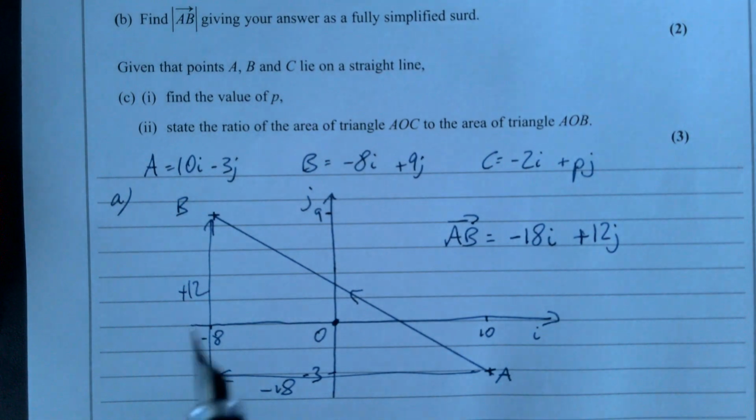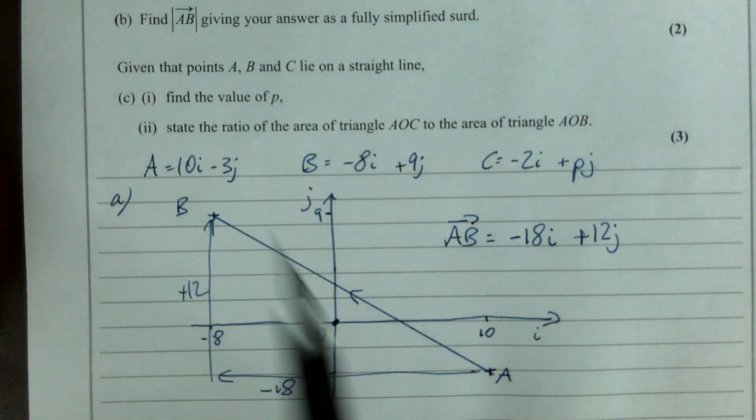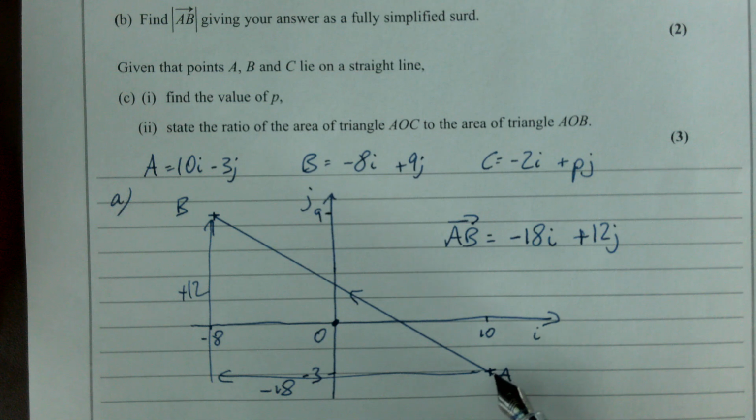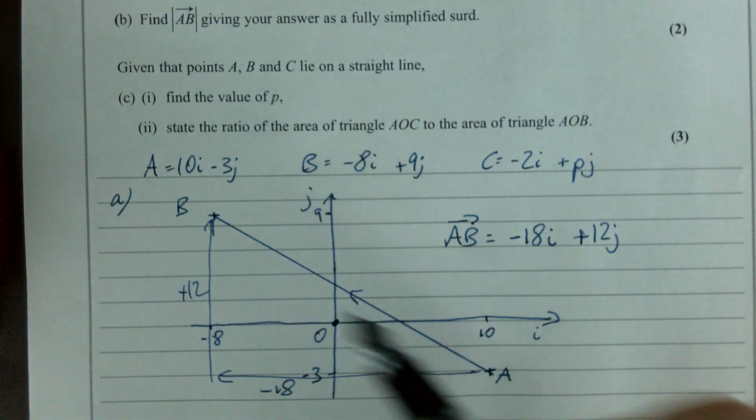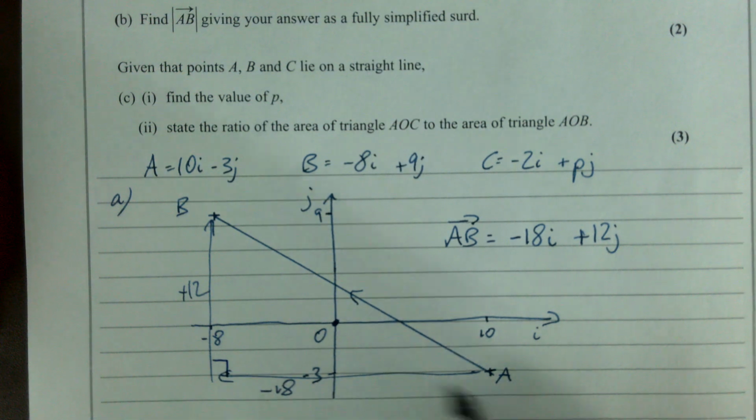Then part B is looking for the magnitude of AB. That's what those two bars mean there. So basically, how long is the distance if you went directly from A to B along there? The hypotenuse of this triangle that I've already drawn.